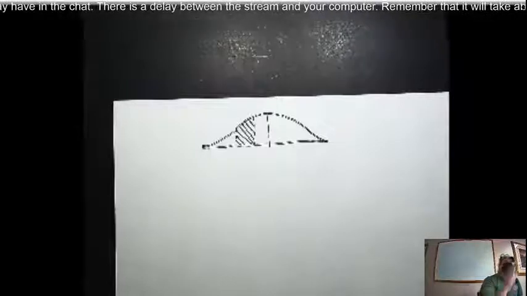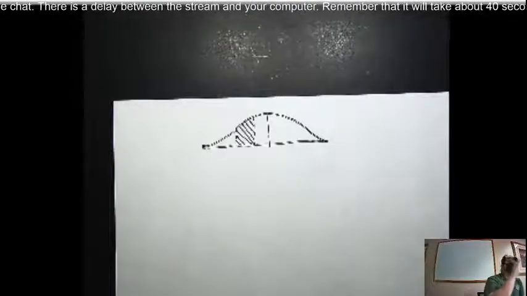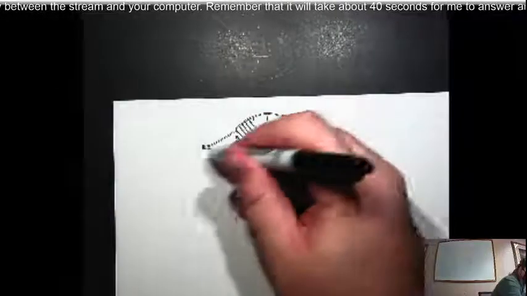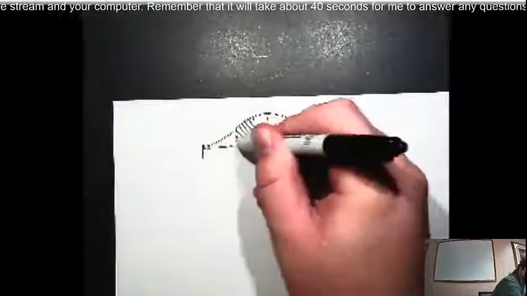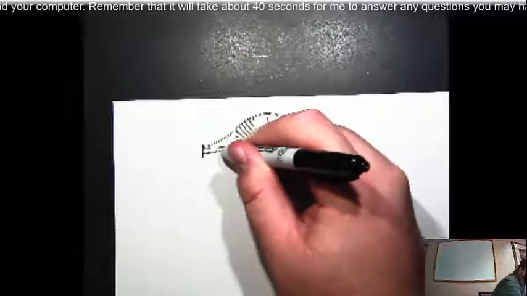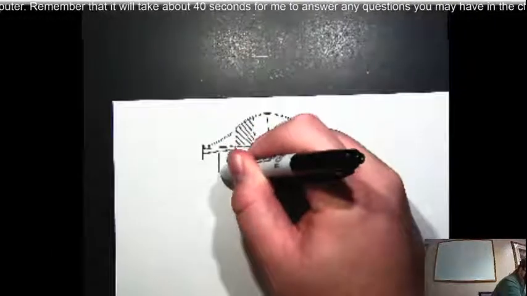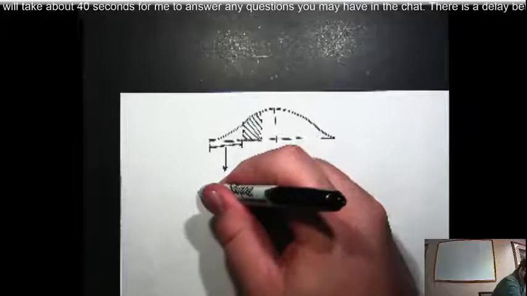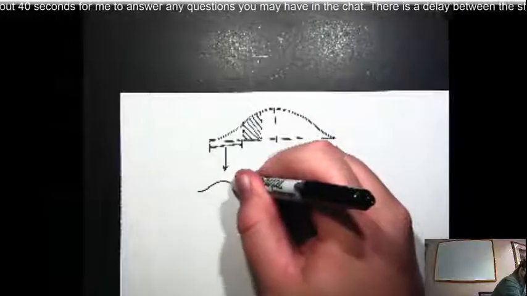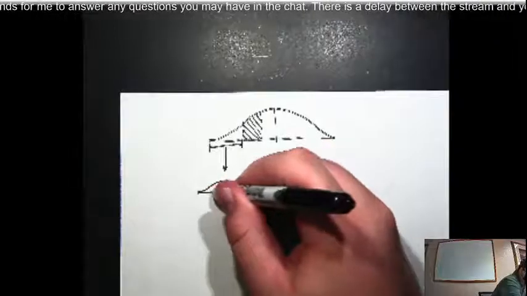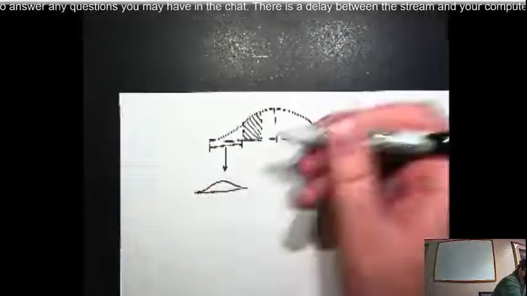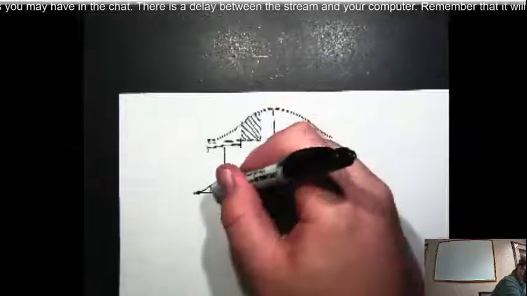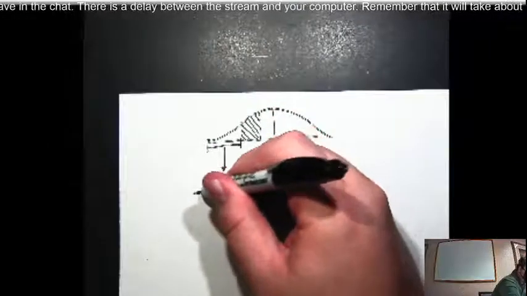We know how to calculate below and above. So if I take just this part right here, we know how to find that. We just calculate the z-score, find the probability, and we get that part right there.